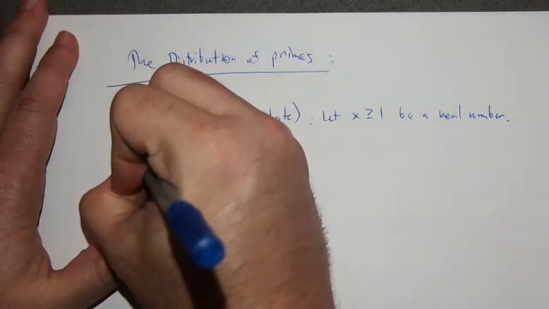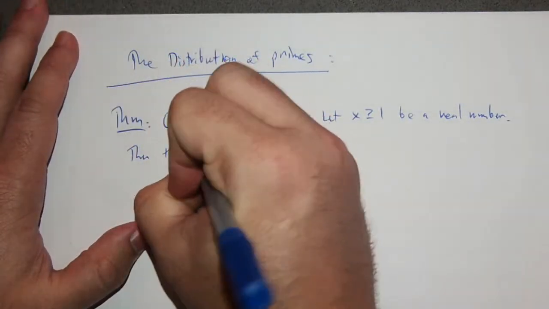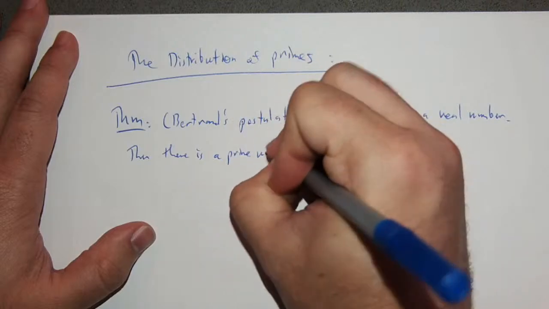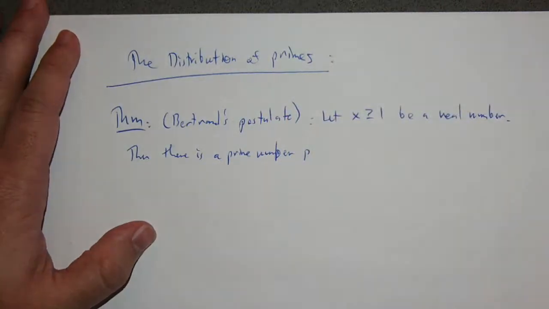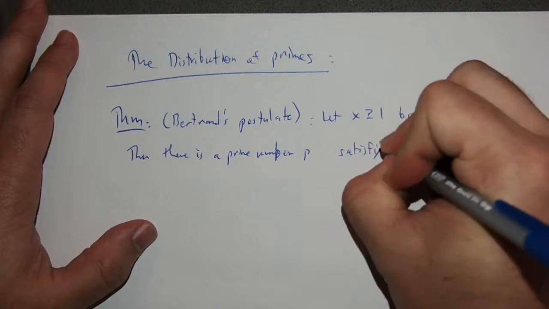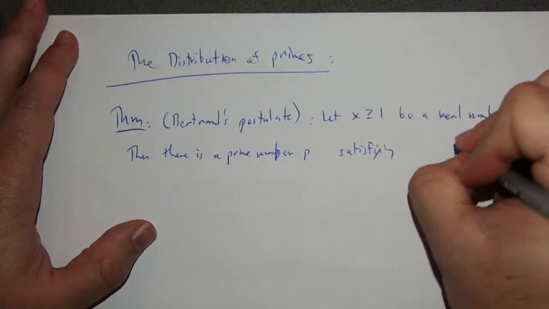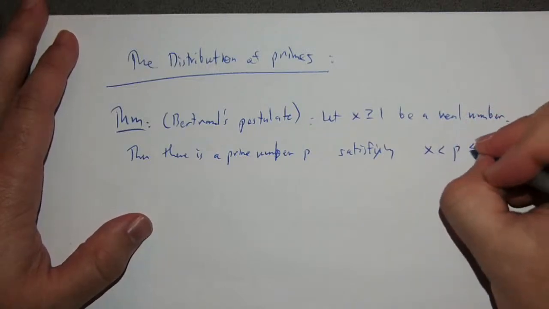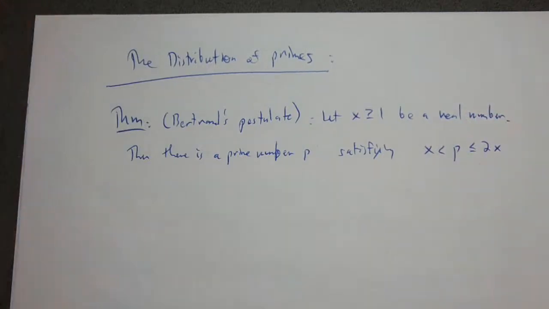Then there is a prime number p satisfying p is strictly bigger than x and less than or equal to 2 times x. Okay.